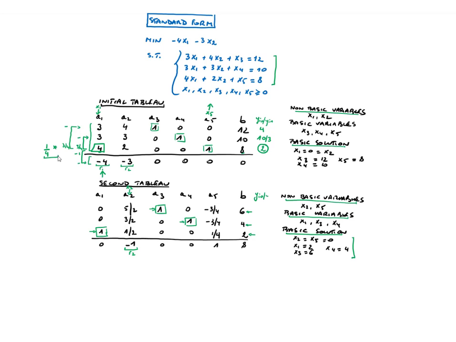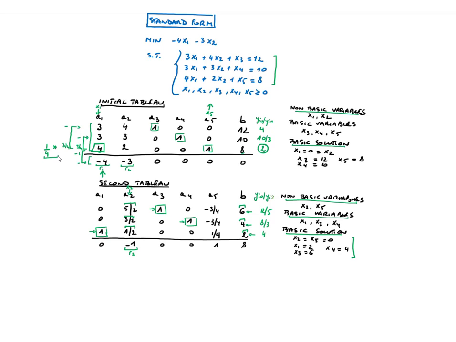yi0 divided by yi2. So in this case it's 6 divided by 5 over 2, so that's 12 over 5. It's 4 divided by 3 over 2, so that's 8/3, and it's 2 divided by a half, so that's a 4 over here.